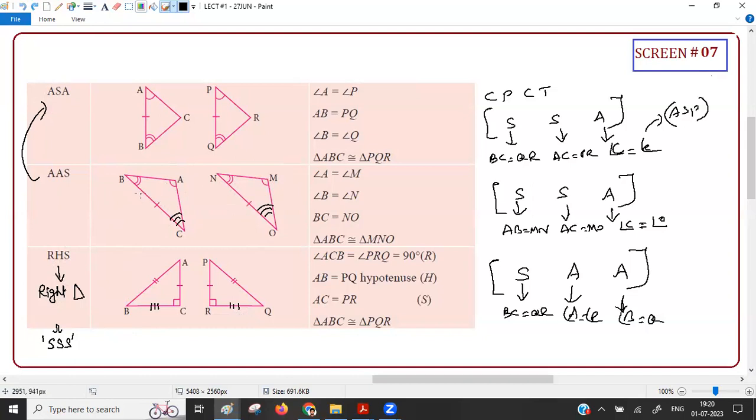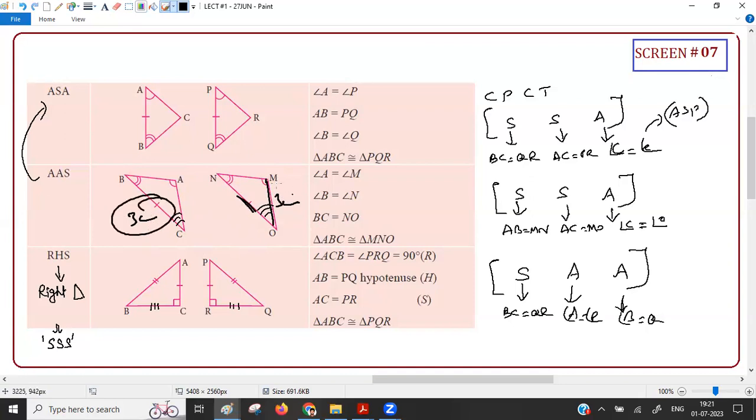Is this crystal clear? But remember that this side must be this one. Some students say this is 3 centimeters instead. If you say two angles are matching and one side is matching, are they congruent?